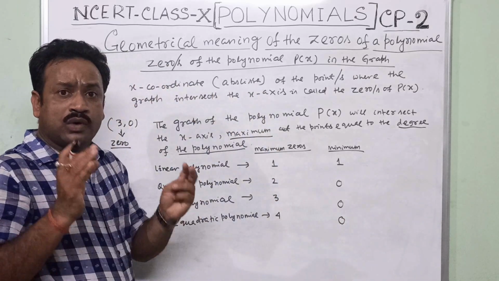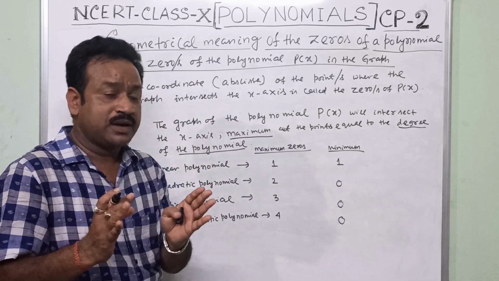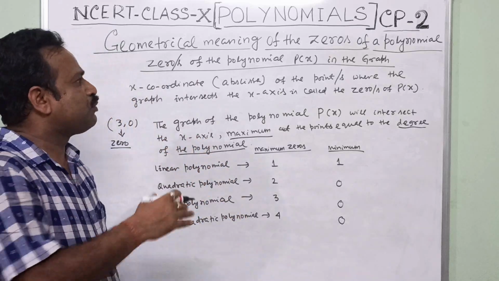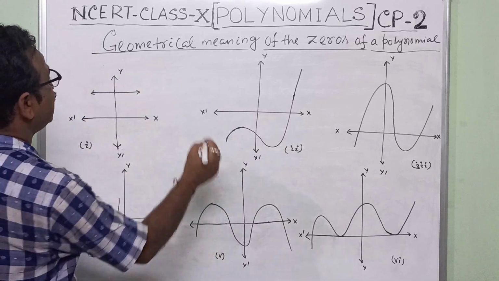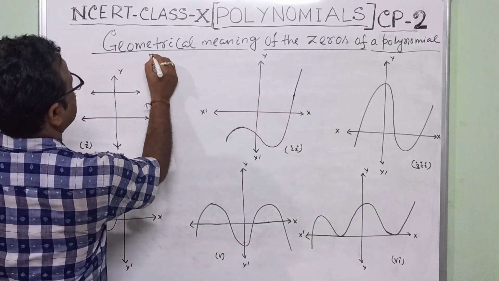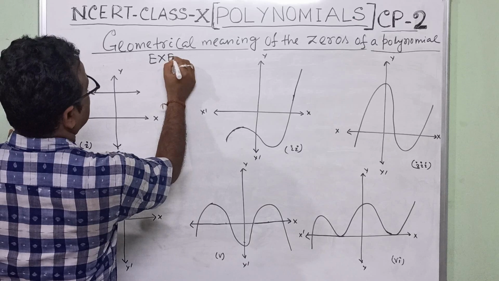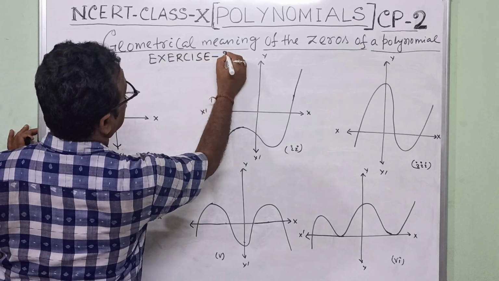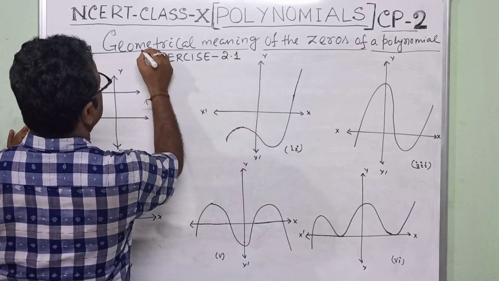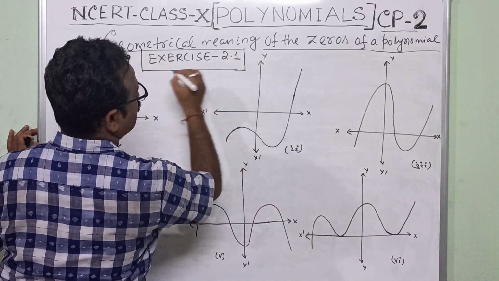So now we will draw some graphs to explain it better. Now move on to the graph section. For more discussion, I have taken exercise 2.1. This is your exercise 2.1.